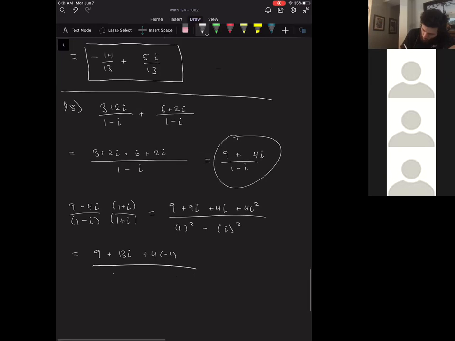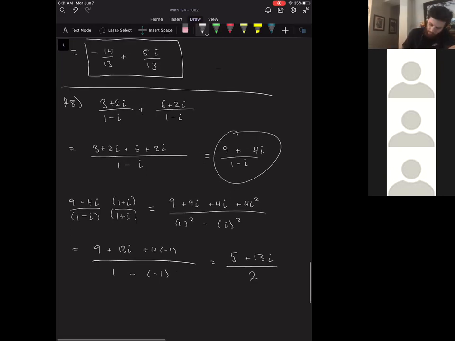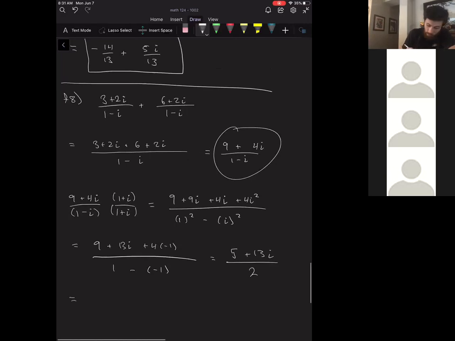On the bottom, we have 1 minus i squared, so 1 minus minus 1. So on the top, we have a 9 minus a 4, so that's a 5, plus 13i, and then divided by 2. So this is going to be 5 halves plus 13 over 2 i.